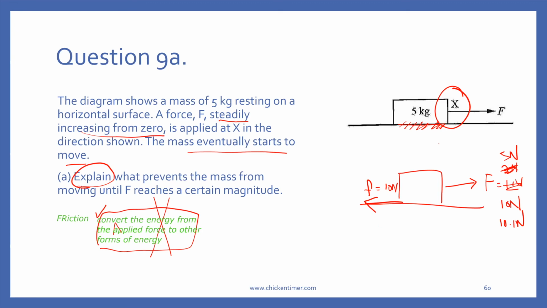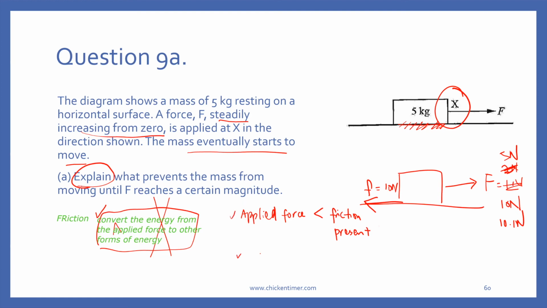The applied force is increasing so that the mass of 5 kg can move. Now it's explaining why it is not moving until it reaches a certain magnitude. So you can say the frictional force is bigger than the applied force. The applied force is lesser than the friction present, number one.